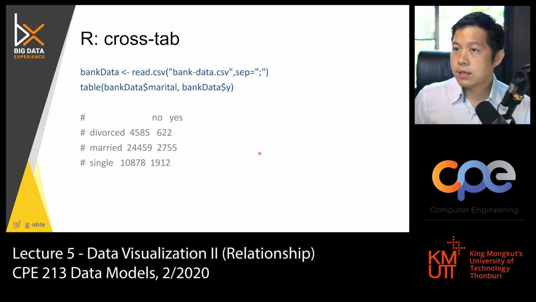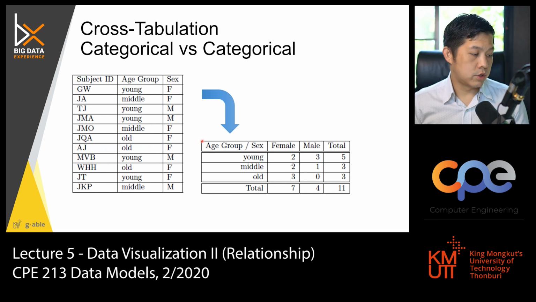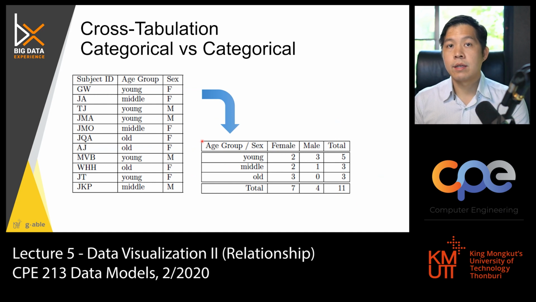Okay, so how do we create this in R? I'm going to show you the way that you can analyze, and then the code that would allow you to do that, and demonstrate it in the actual code.